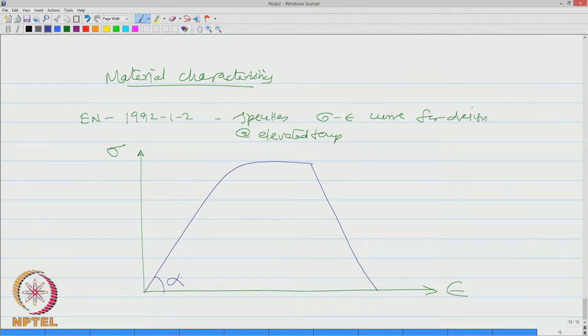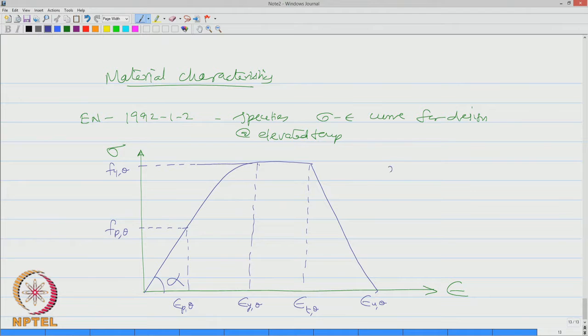Say this is alpha. This value is what we call as f p theta, and this value is epsilon p theta, and this value is specifically E a theta, and this is of course f y theta, and this is strain epsilon t theta, and this is strain epsilon u theta.